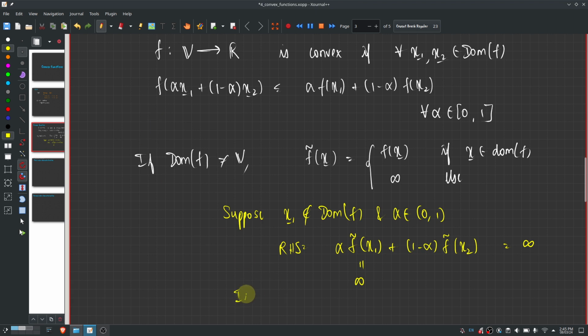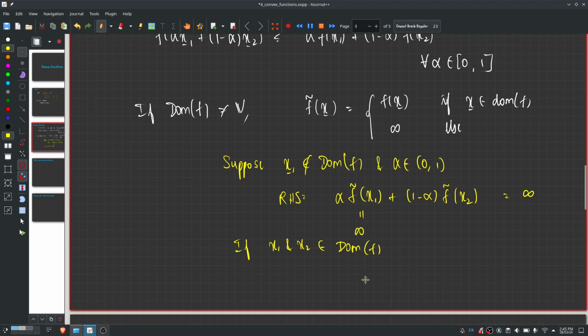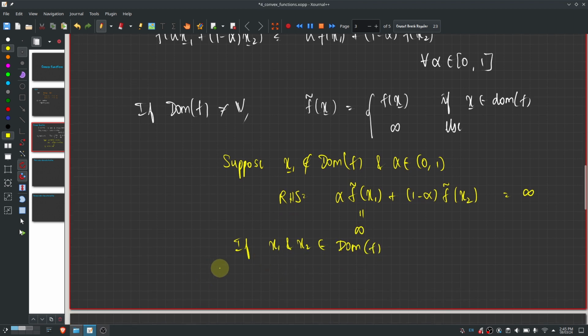If x1 and x2 are in the domain of f, then it becomes simple because f tilde of x1 equals f of x1, and f tilde of x2 equals f of x2.